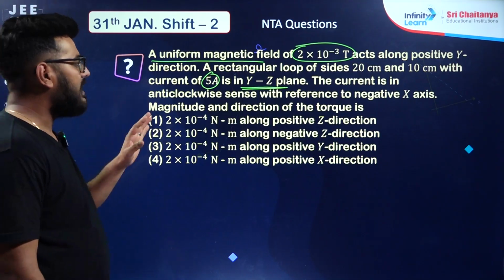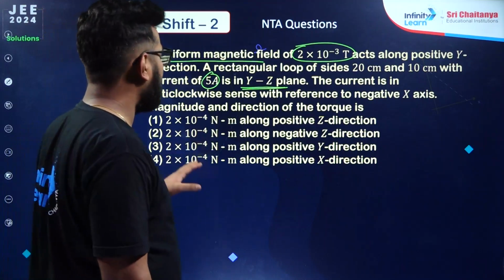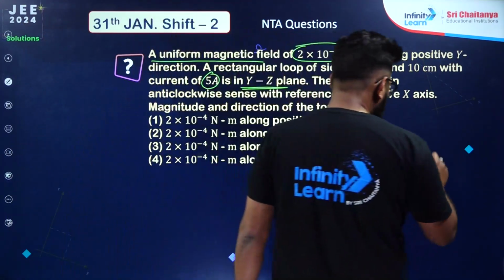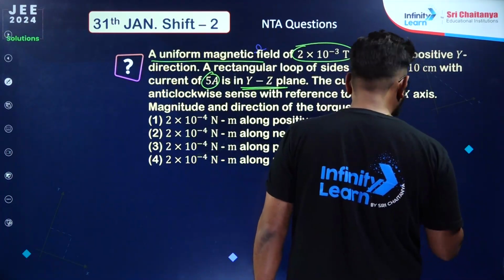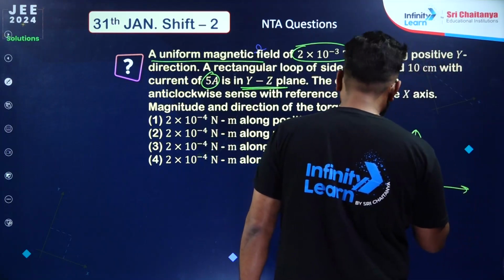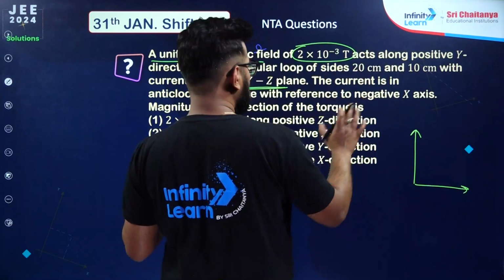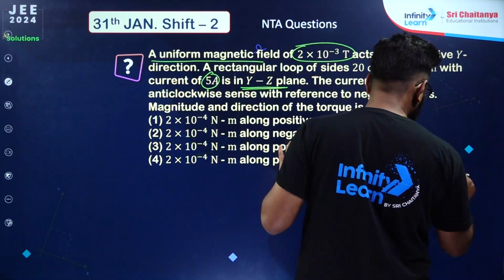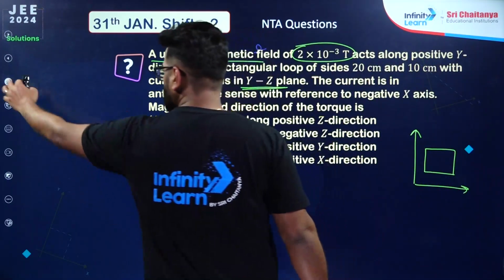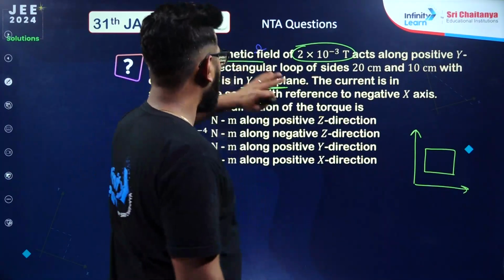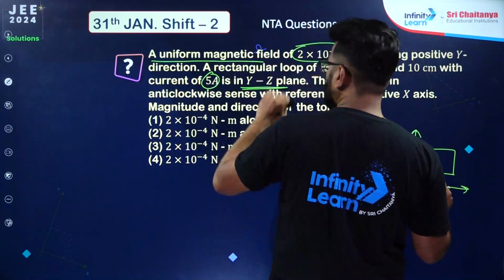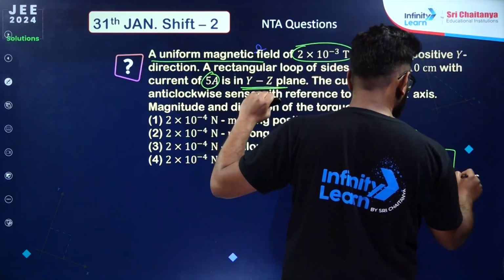So basically in the YZ plane, you have a current carrying loop. Let's say this is my Y and this is my Z. We have a current carrying loop placed in the YZ plane like this, and there is a uniform magnetic field running along the positive Y, just like this.